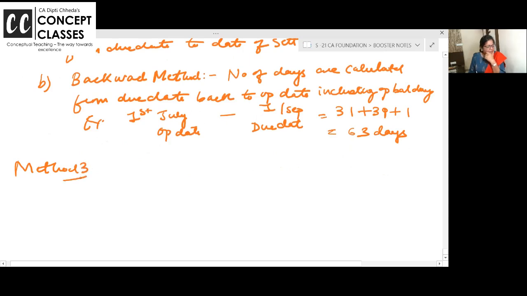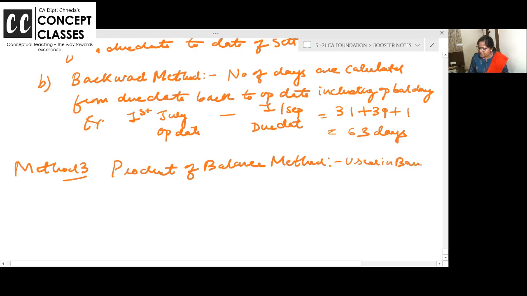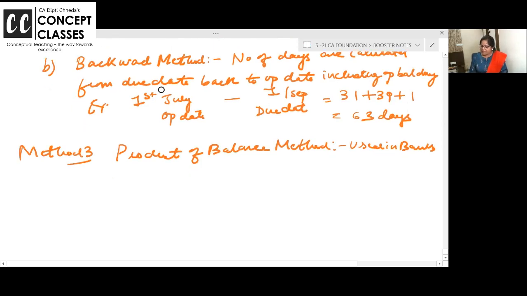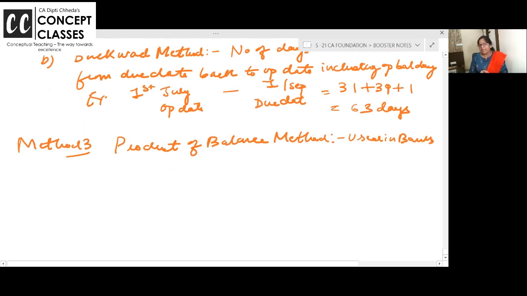Method 3. Product of balance method. Mainly used in banks.